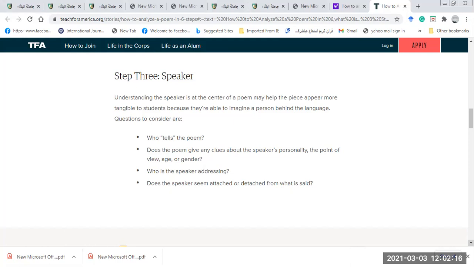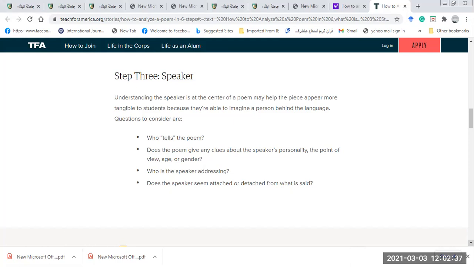Does the speaker seem attached or detached from what he said? When you read the poem, do you feel that the speaker is in the middle of the things that he is speaking about, in the middle of action? This will be attached. He is attached to this thing.